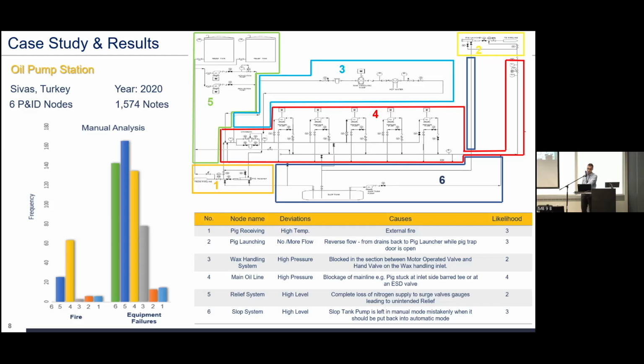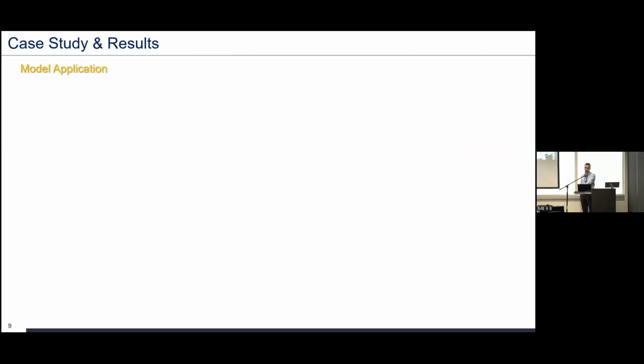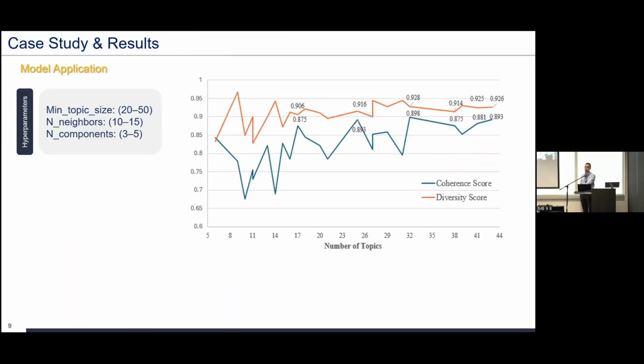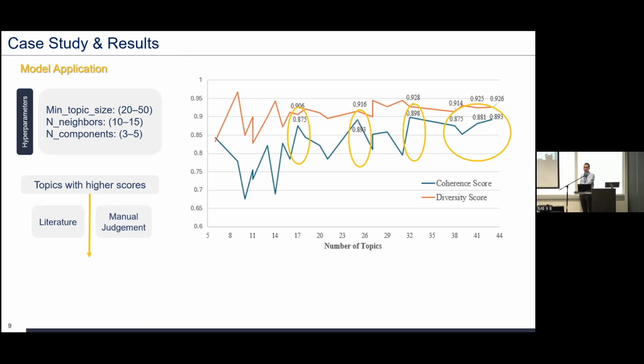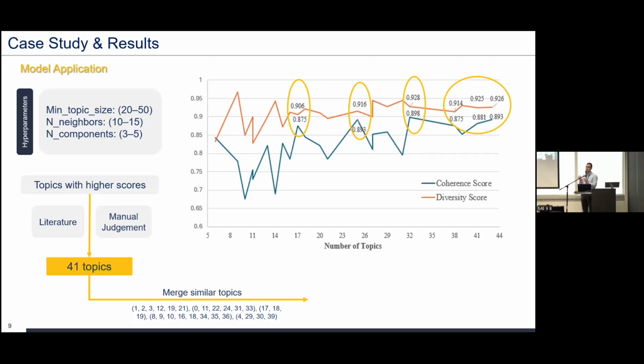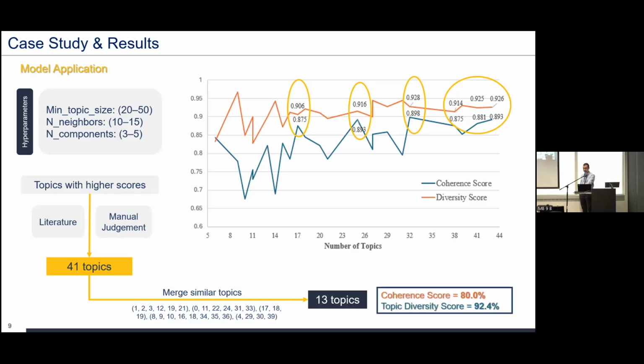So we applied the BERTopic model on this case study and experimented with different hyperparameters to get high performance in terms of coherence score and diversity score. We started with the number of topics with high performance and investigated these topics to check whether there are overlapping or similar topics that should be merged afterward, until getting the final topics that achieved a coherence score of 80% and a topic diversity score of 92%.